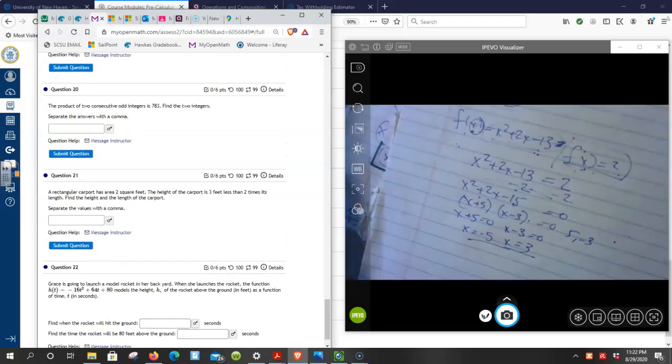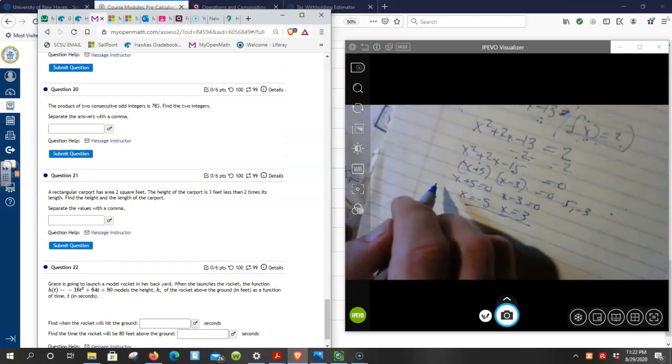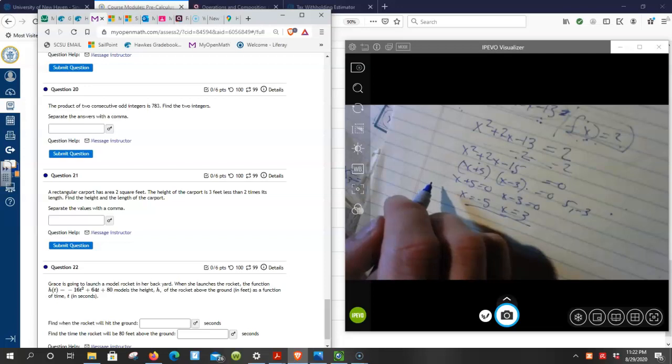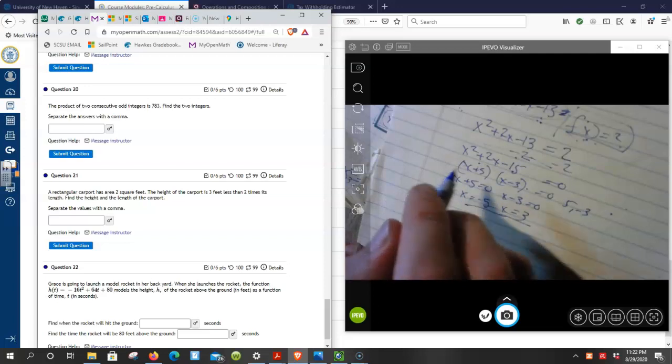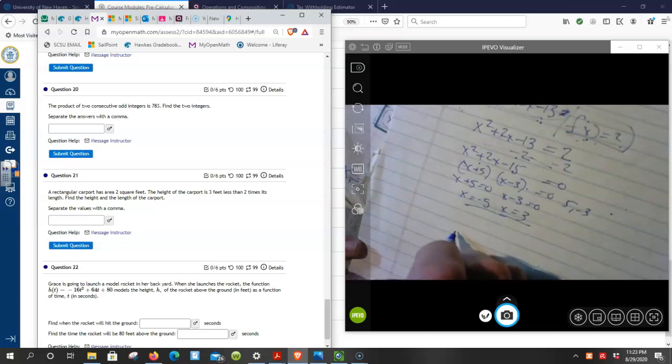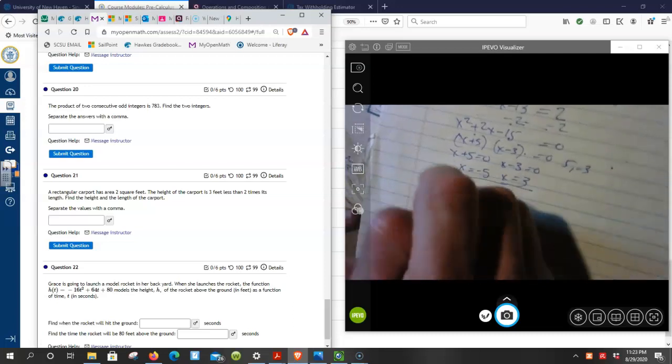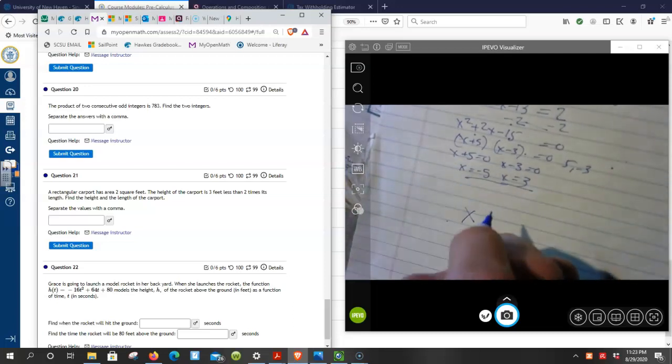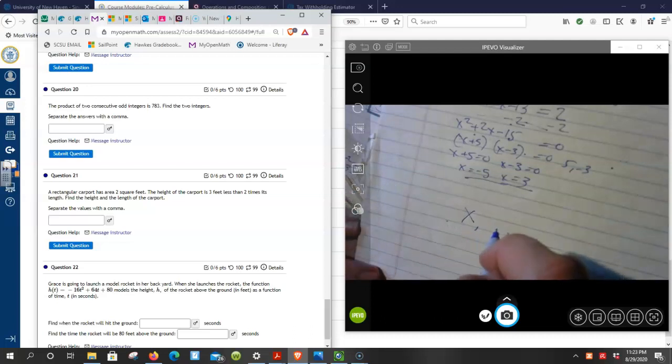So take the rectangular carport. So you take the carport question, or the product of two consecutive integers. When they talk about two consecutive integers, it's basically two consecutive odd integers. So if you say the product of two consecutive odd integers, that basically means you have x, and the next one that's odd is going to be x plus 2, right?